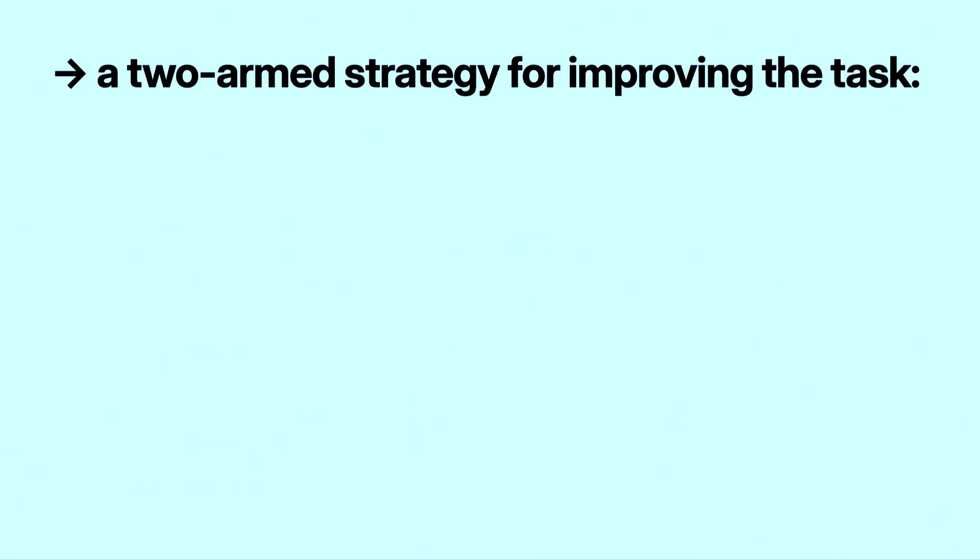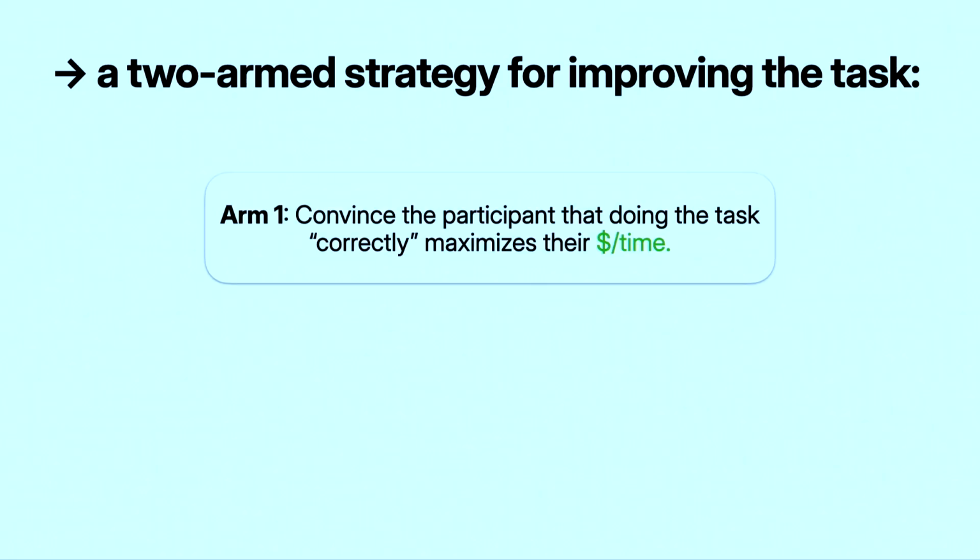So I'll talk about a two-armed strategy for creating good tasks, and we'll apply it to our little case study. First, motivated by the view I just shared, it's really important to convince the person that doing the task, quote, correctly, as I, the experimenter, defined, maximizes their earnings per unit time.